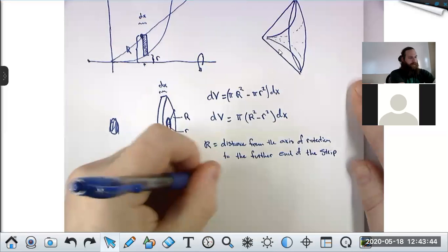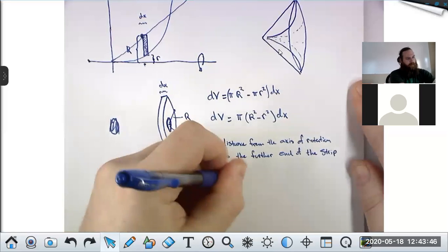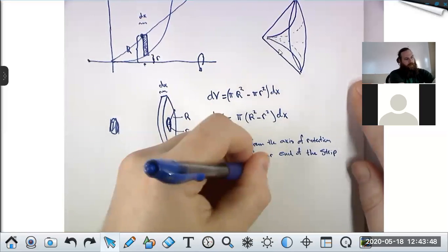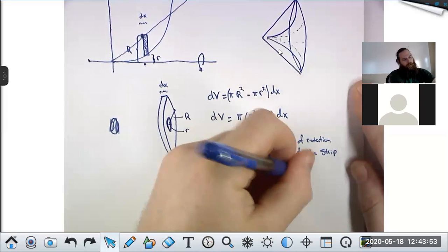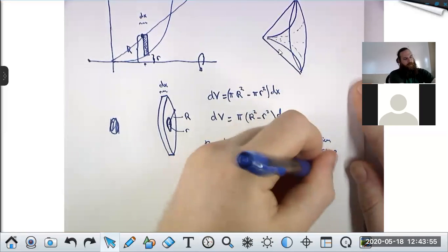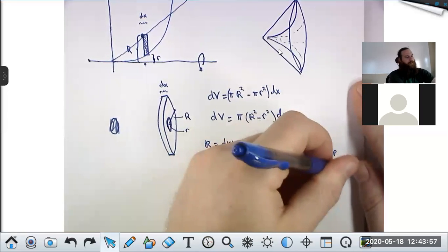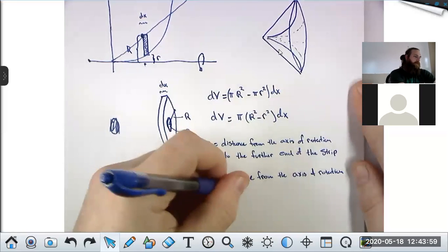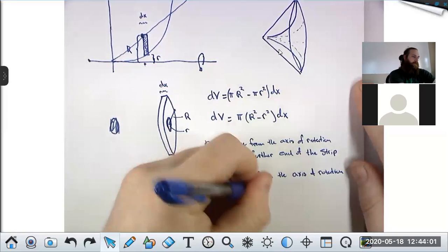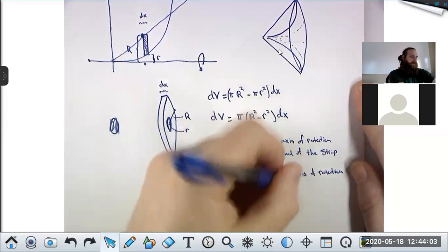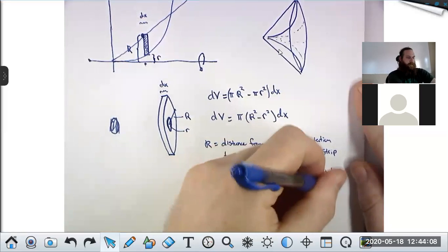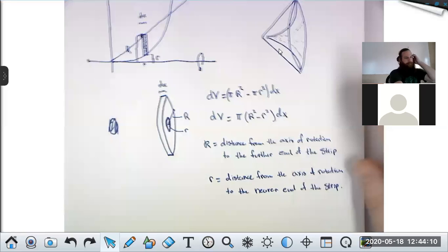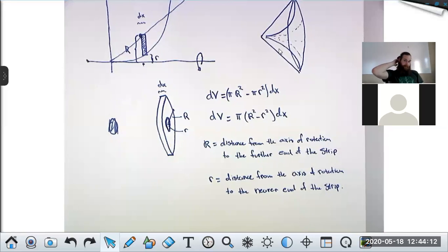And little r is the distance from the axis of rotation to the nearer end of the strip. And that's always true.